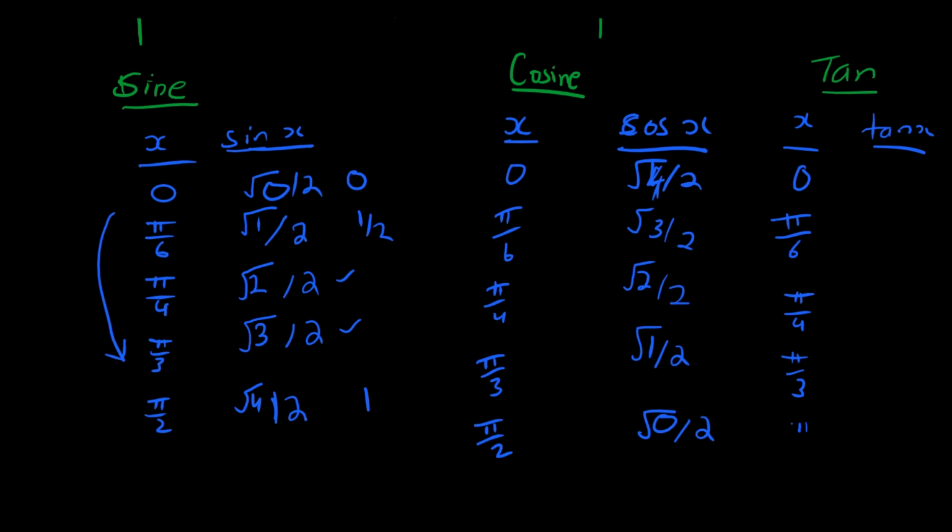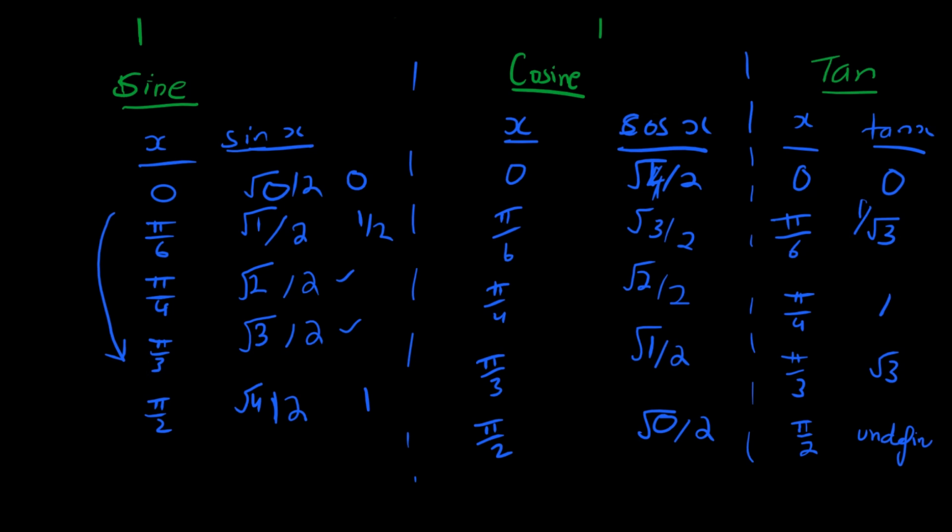You get something like this. 0 divided by anything is obviously 0. Pi by 6 is 1 over root 3, then this one is 1, and then this is root 3, and this is undefined.